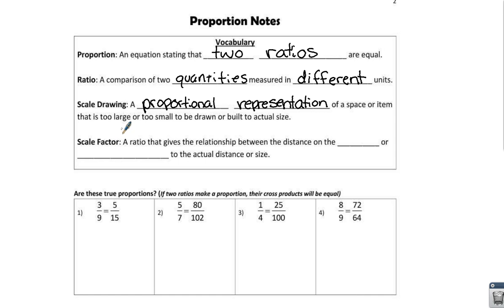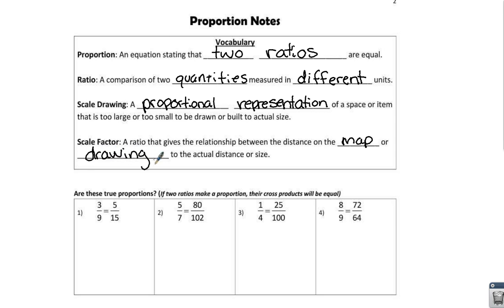And the last thing we're going to talk about is the scale factor. The scale factor is a ratio that gives the relationship between the distance on the map or drawing to the actual distance or size.